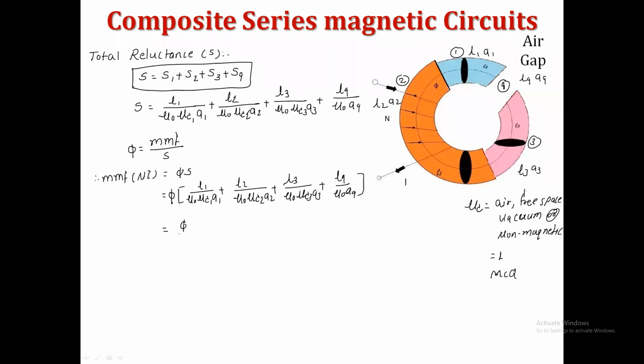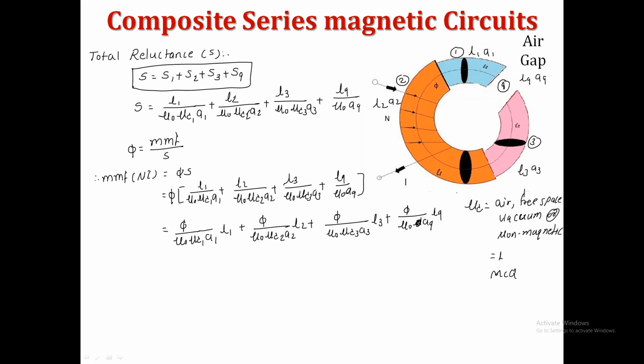Phi upon mu 0 mu r1 a1 into L1, plus phi upon mu 0 mu r2 a2 into L2, plus phi upon mu 0 mu r3 a3 into L3, plus phi upon mu 0 ag into Lg. Can I write like that?